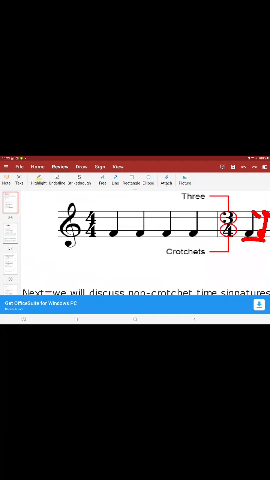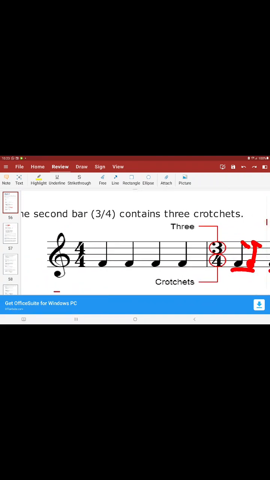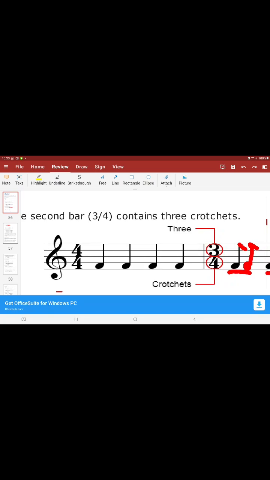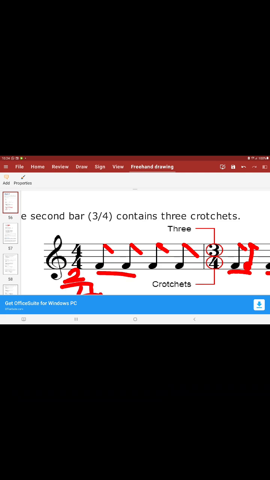So remember, I give you an example. Like if what you have here is quaver, quaver, quaver, quaver, and this is a bar, this is not 4/4. This will be 2/4. The reason is that 2 quavers is 1 crochet.